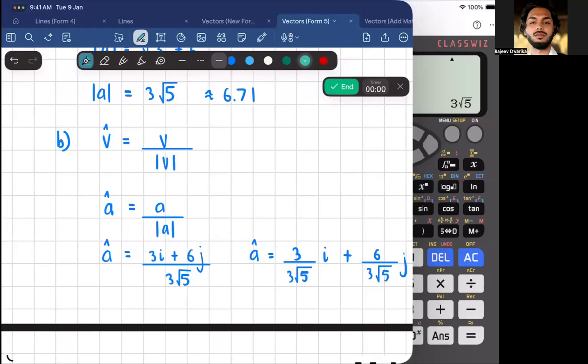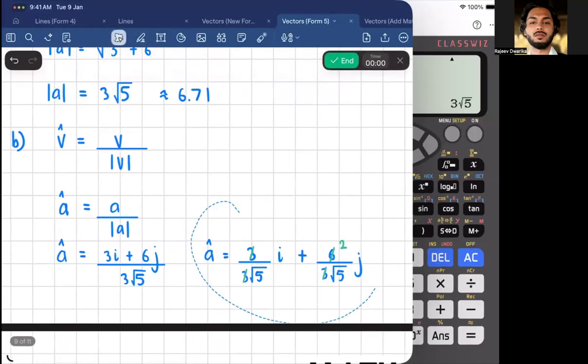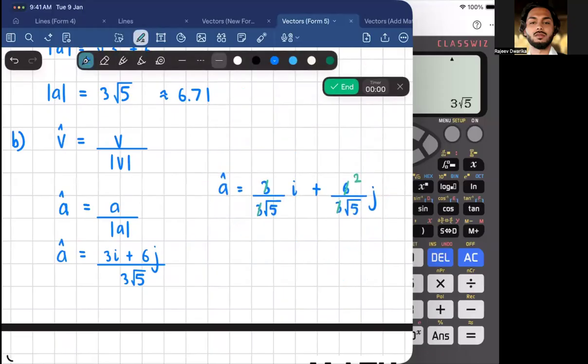So what's going to happen here? 3 into 3 is 1, so the 3 and 3 would cancel off. 3 into 3, 1, 3 into 6, 2. So the final answer is going to be what, Sky? So 3 into 3, 1, 3 into 3, 1. So that'll be 1 over root 5 i.